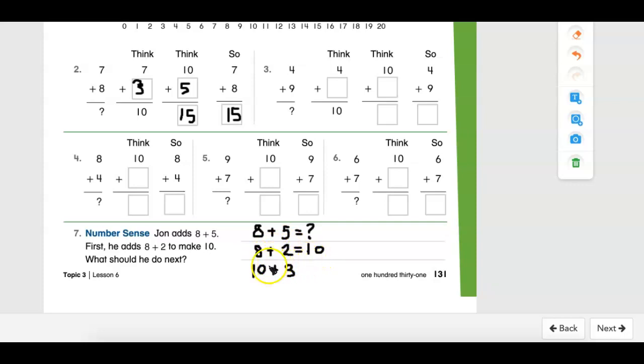And then we added together 10 plus 3 to give us what number? So I want you to write that number to show your work. So we wrote this problem together. So now I want you to add together 10 plus 3 and write that number here.